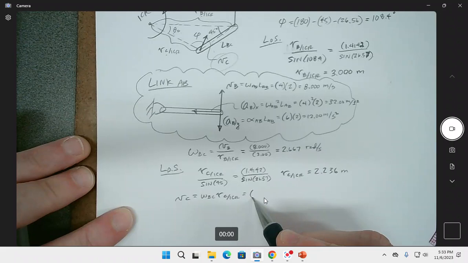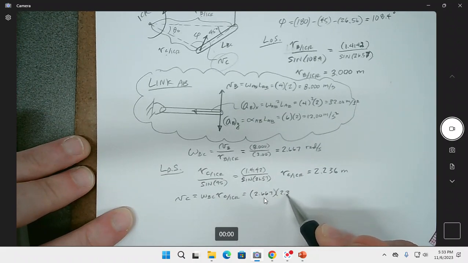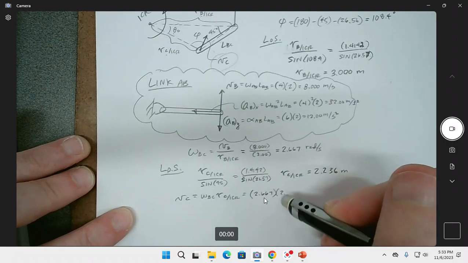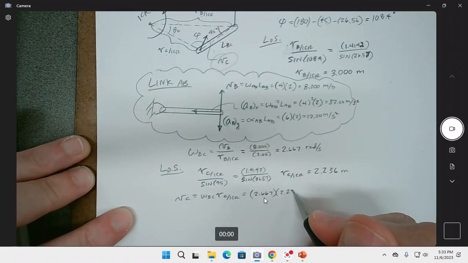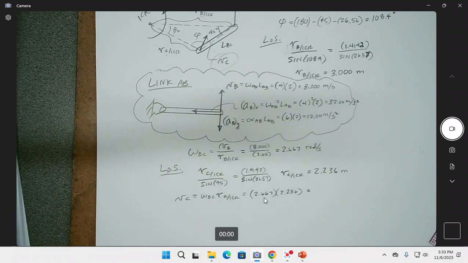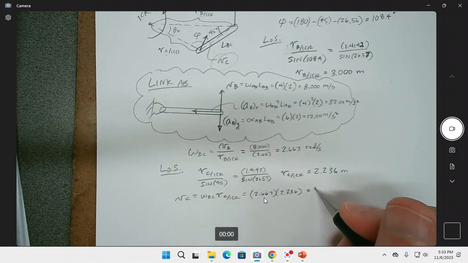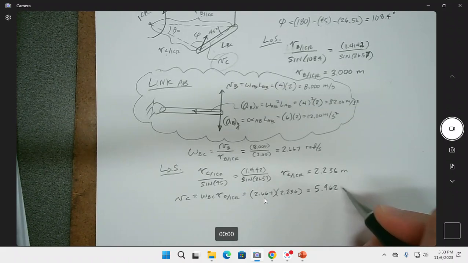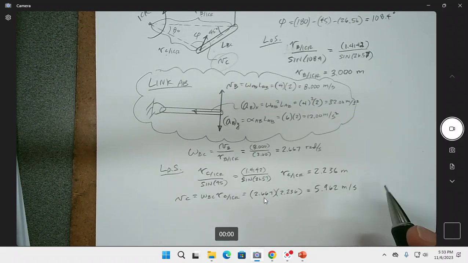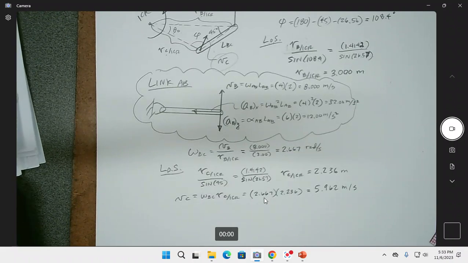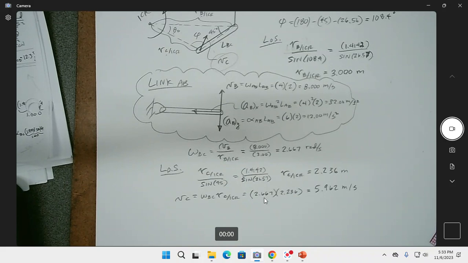So we end up with 2.667 times 2.236, and 2.666666 times that, you get 5.962 meters per second. Close to it. In my other one, I got 5.9628. So there's a little round-off error going on.